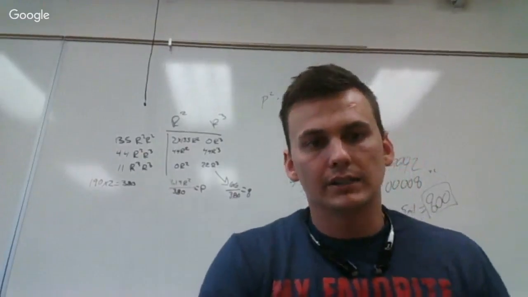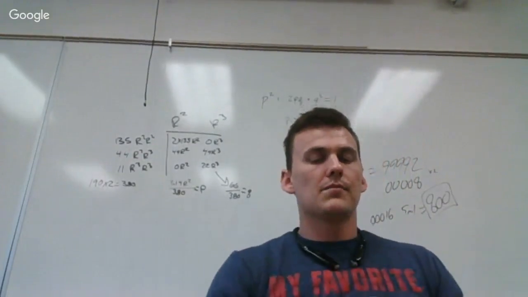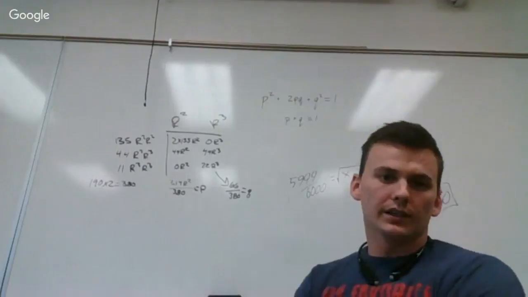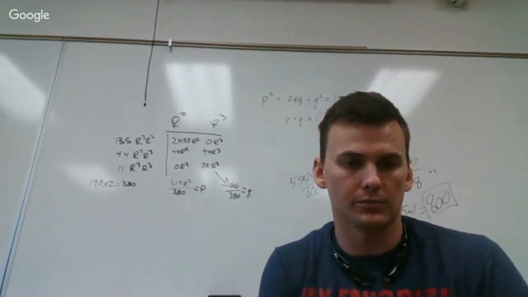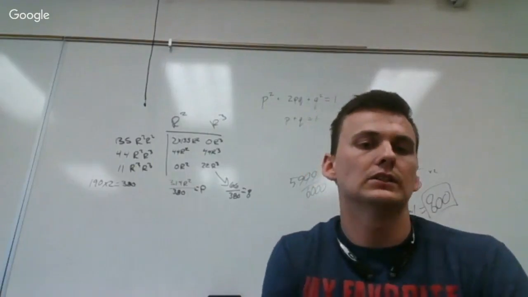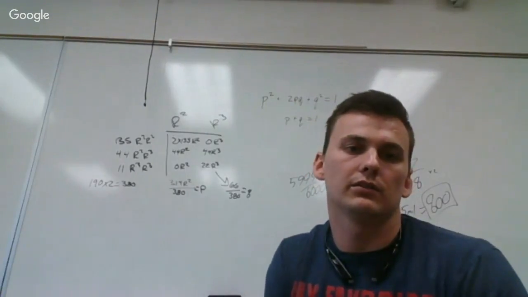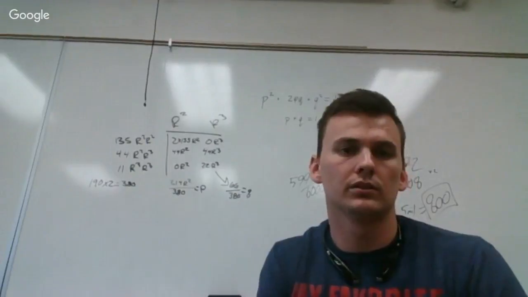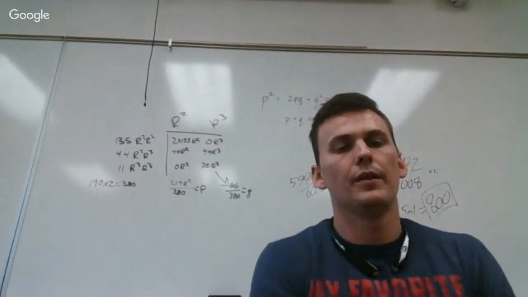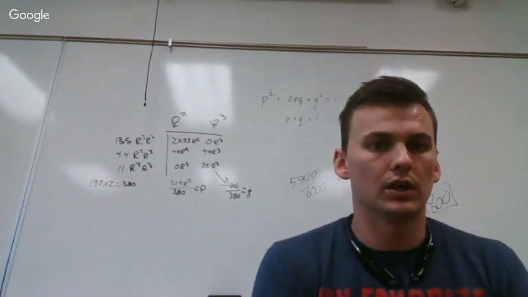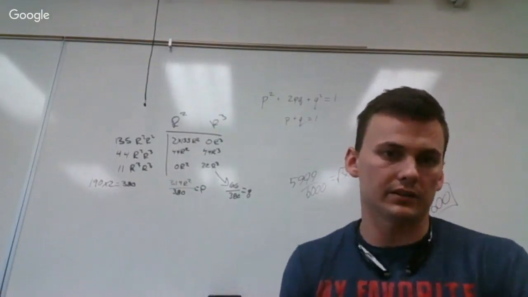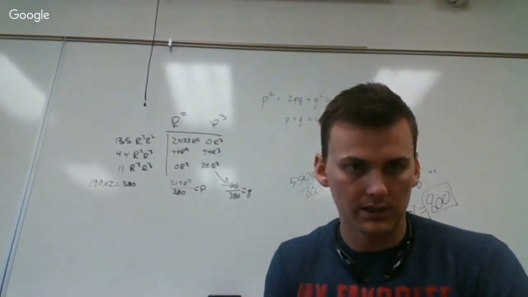And then we did our chi-square. Basically, in order to find the expected number of individuals that should be homozygous for R2, we took the frequency of R2, squared it, and then multiplied by the total number of individuals, which is 190, and that gives you 129.73 as the expected homozygous R2.